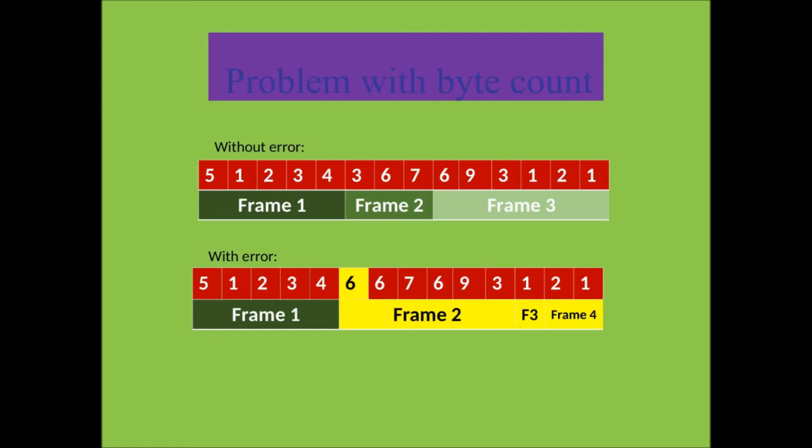When a single bit or more than one bit is changed, this is an error and the count will totally change. So this method is not appropriate, because the byte count method creates a problem when there is an error while data is transmitted from source to destination.